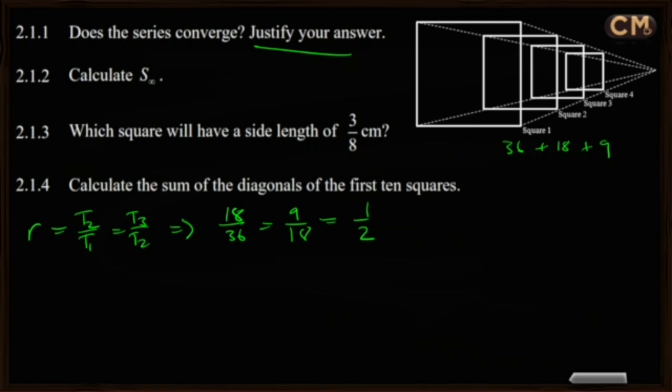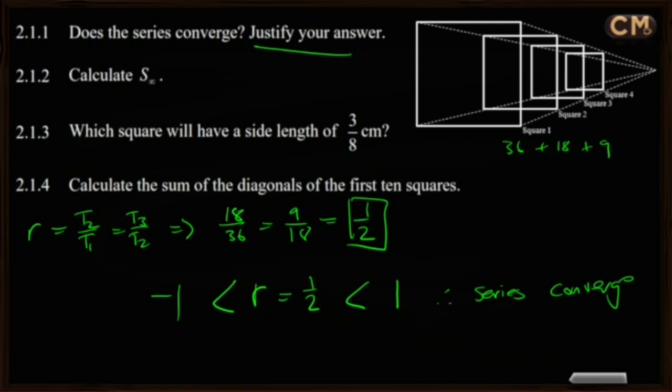But those are all equal to half. I just want to fully impress the point upon everybody that r, the ratio, which is constant by definition, is equal to 1 over 2, and that is greater than negative 1 and less than 1. Thusly, the series converges. That is straight from our formula sheet as well.